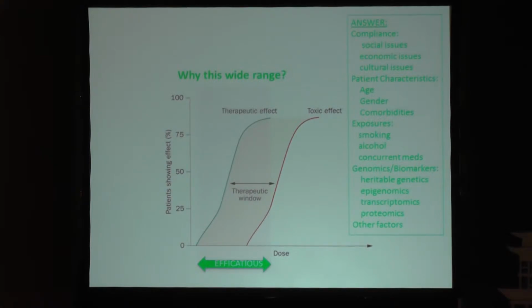The things that we're many times focused on are compliance, which may be related to social issues as to whether someone takes their drugs, economic issues, and cultural issues. It can also be differences in patient characteristics. As we know, metabolism may change with age, for instance. There are differences in how men and women, in some cases, deal with certain drugs, so gender, and certainly comorbidities, which might lead to other issues, such as concurrent medications.